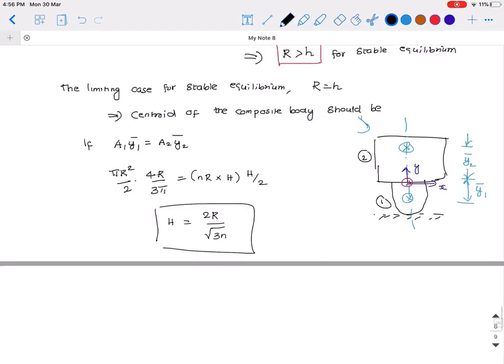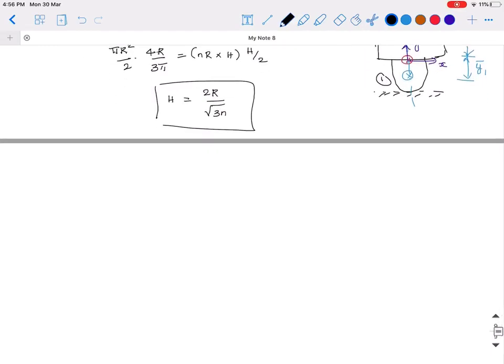Right, and then there are two cases specified. So case 1 is nr is 2r, which implies n equal to 2.